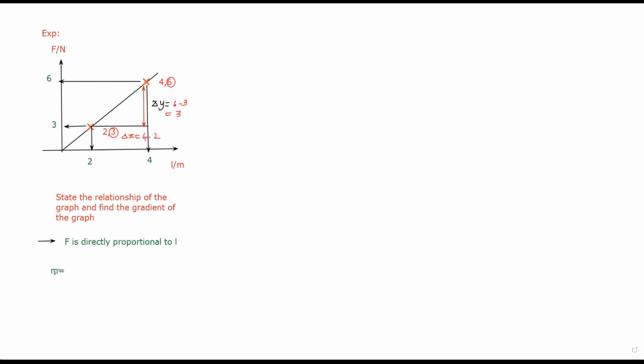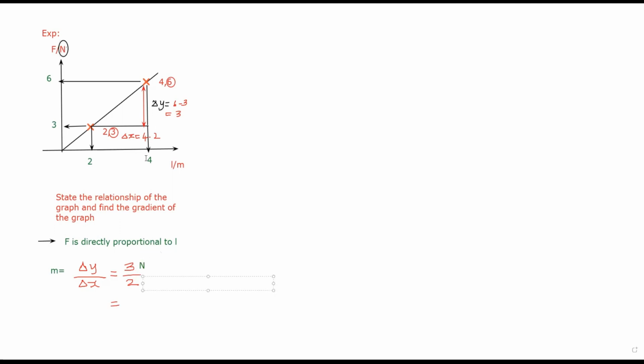So my gradient is delta y over delta x. Delta y is 3. Delta x is 4 minus 2, which is 2. What is this unit? I'm interested in this unit. It is Newton.